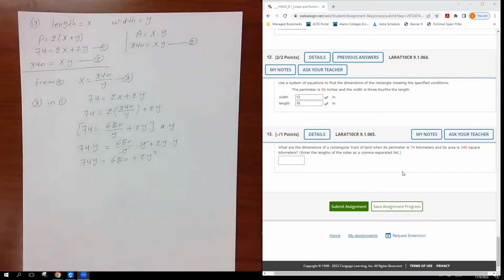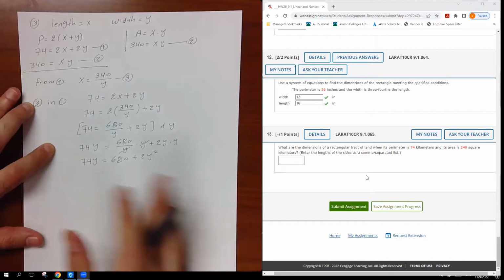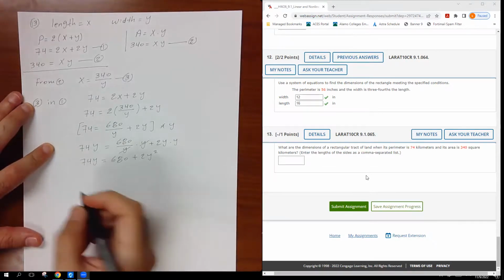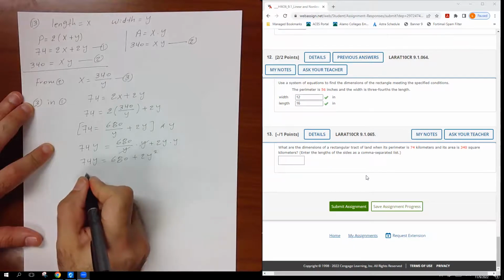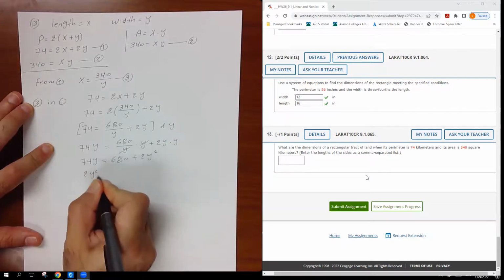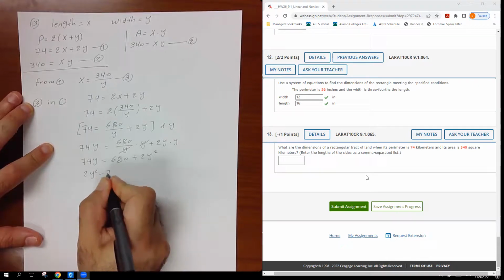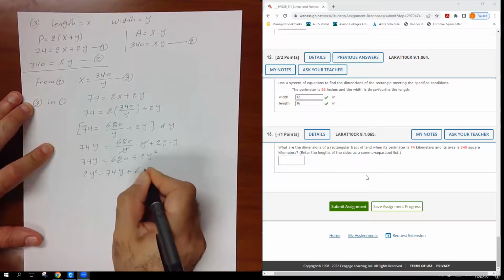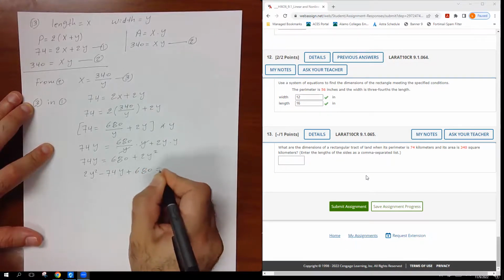If you look at this one, there is a 2. We can divide both sides by 2. It's up to you. So move 74y to this side. So I'm going to write down 2y squared minus 74y plus 680 is going to be equal to 0.